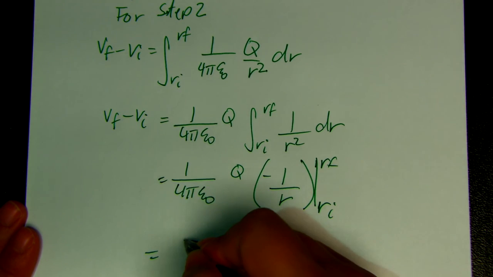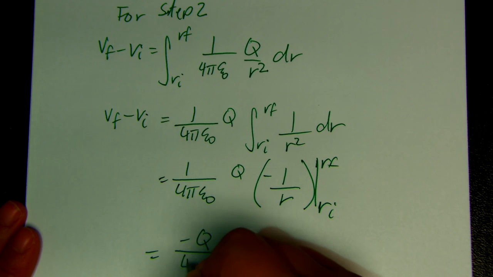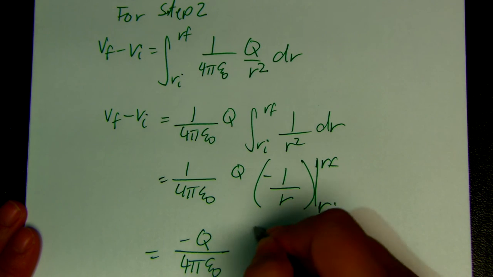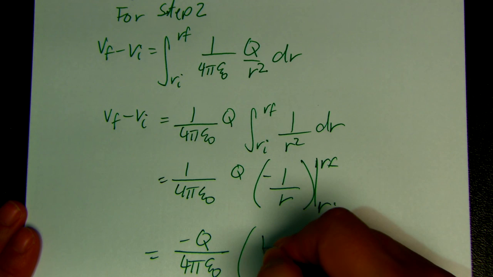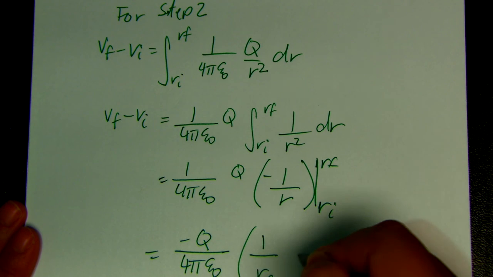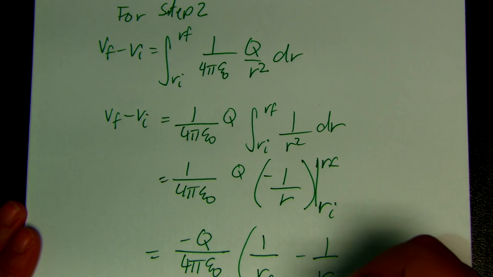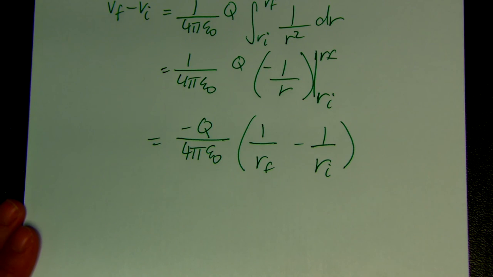This is equal to minus Q over 4 pi epsilon naught times 1 over R final minus 1 over R initial. This is the analytical expression for a point charge.